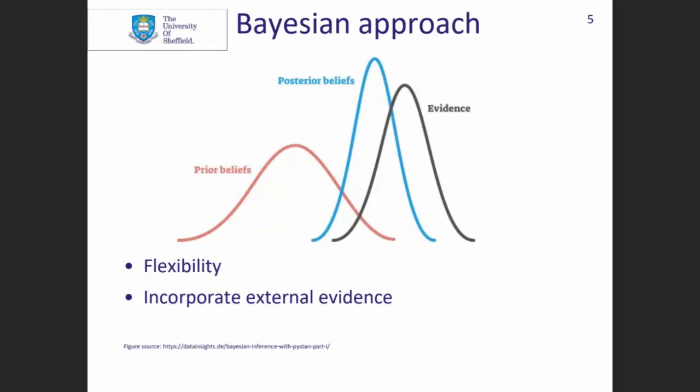And in some cases, the prior distributions can be informed using other external evidence, not just experts' opinion. So after combining what we have seen, which is evidence in the black curve, and what we believe, which is the prior in the red curve, a posterior distribution, which is represented by this blue curve in the middle, is derived.